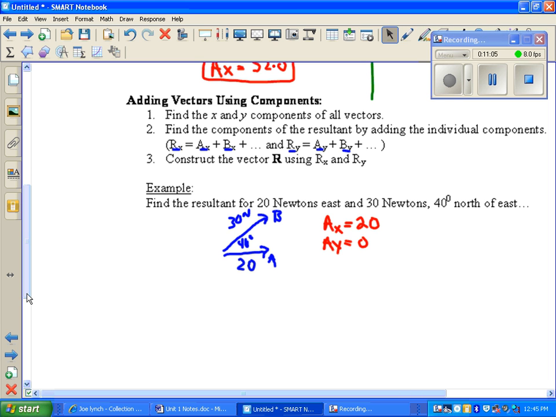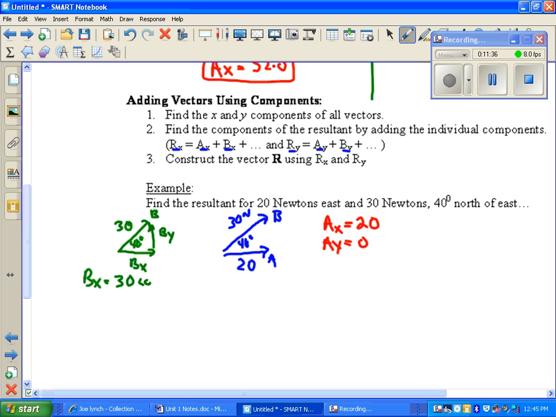Now sometimes it helps to draw the vectors separate from each other. So I'm going to redraw the B over here. I'm going to say it's 30, and I can sketch in BX and BY. B is going up and to the right, so BX has to be right, BY has to be up. We'll put the 40-degree angle in there. BX is the adjacent side, so I'm going to use cosine.